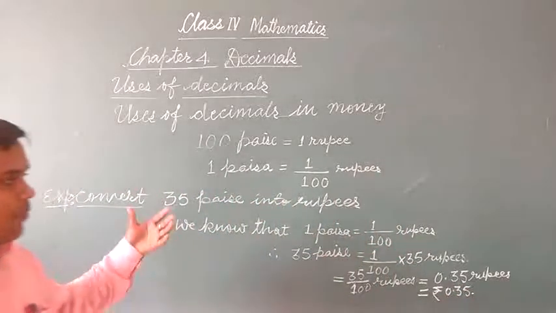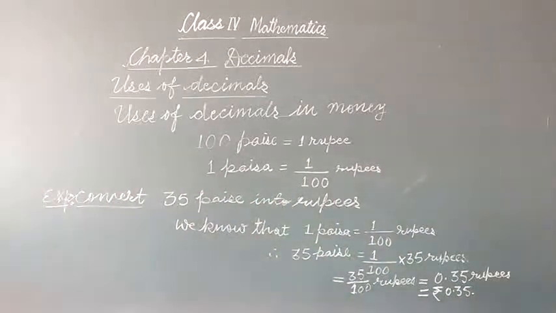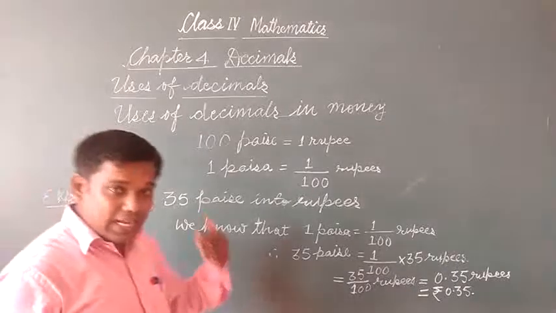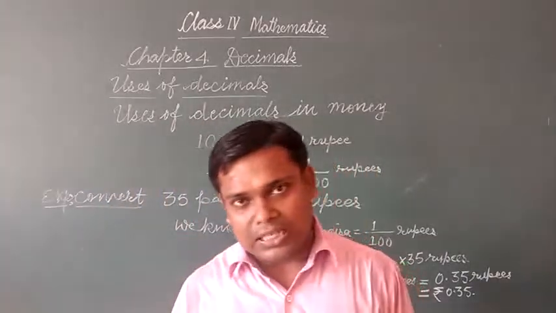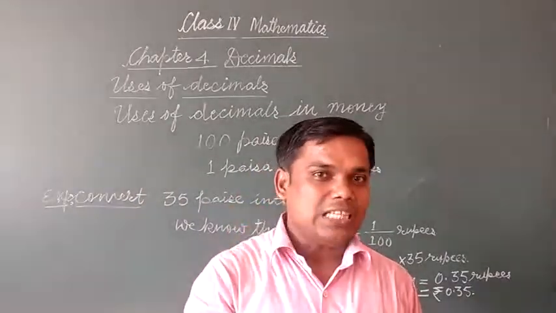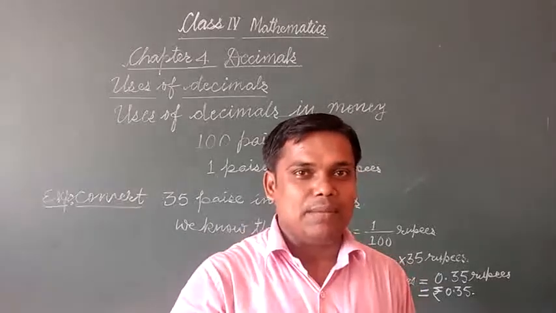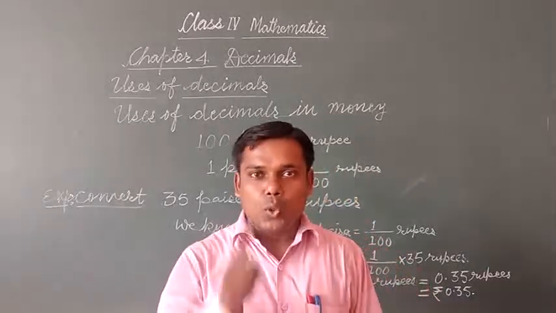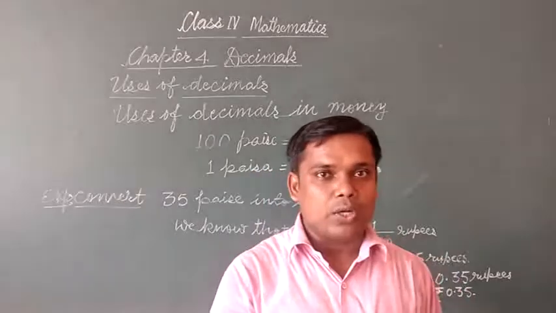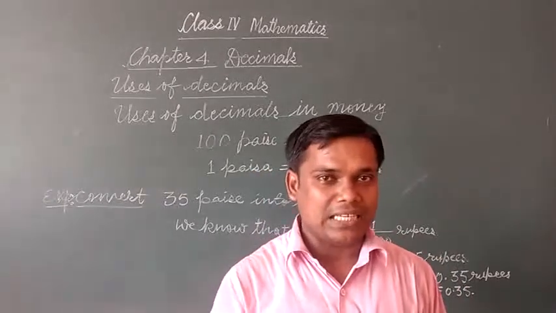So like this, if money is given in paise, you can easily convert it into rupees, and if it is given in rupees and you are asked to convert into paise, it is very simple. You only have to multiply by 100, as we know 1 rupee is equal to 100 paise.